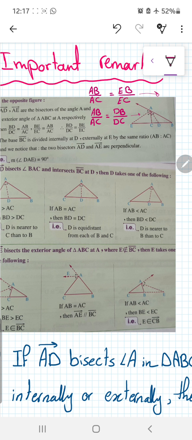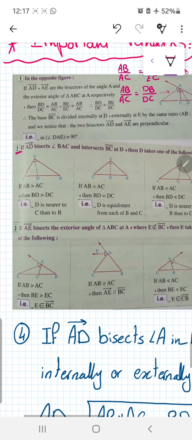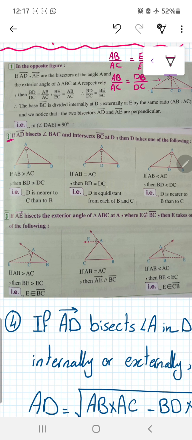So here D is nearer to B than C. We need the three remarks in the choose questions.